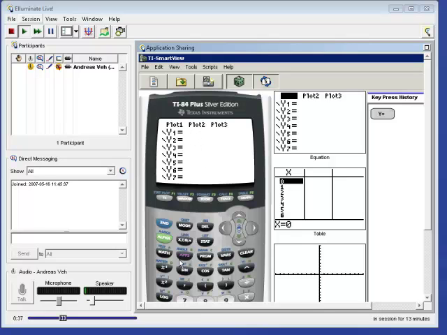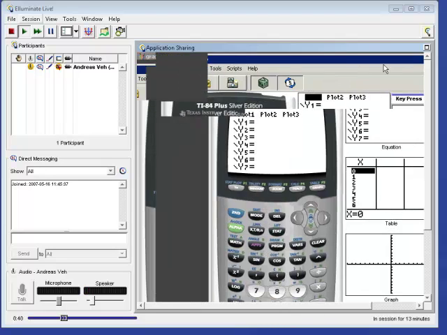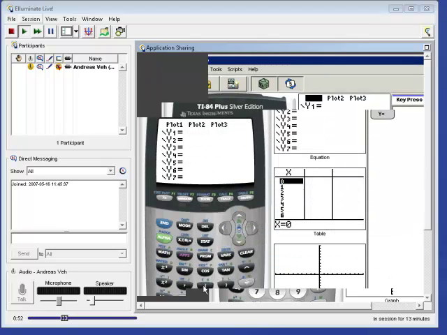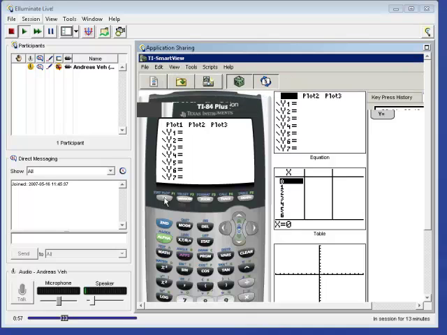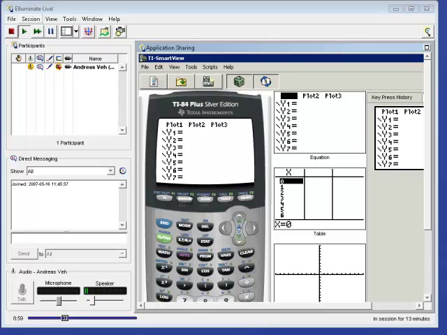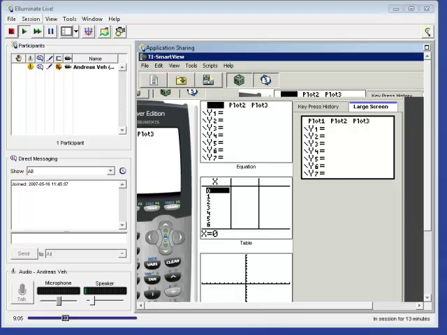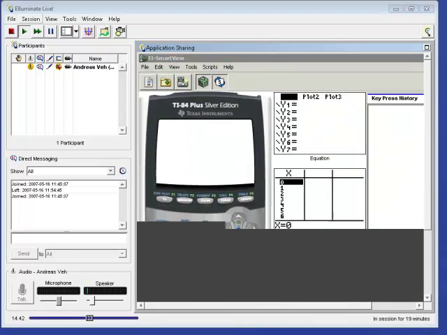I might have to do that in the next session, because right now it seems like the graphing calculator is frozen up on me. I can do certain things, but I can't do everything. You know what? I'm going to close this down here, and I'm going to pause and see you in a little.